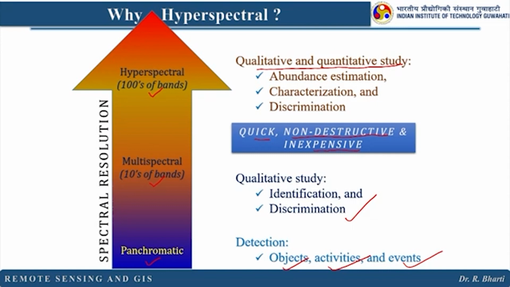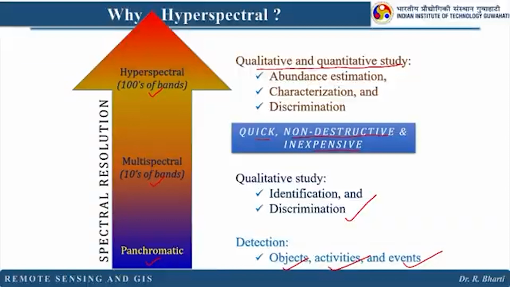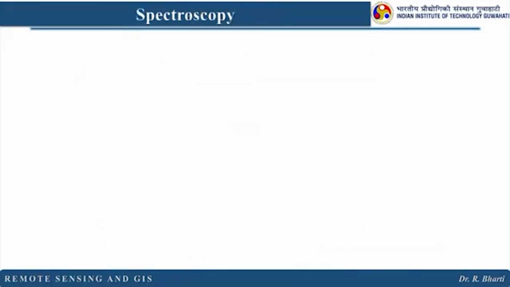Because you are not going to disturb the sample or the target, you are just going to acquire the spectroscopic information captured in those particular bands, right. So, you do not have to bring it to your lab. As it is in the field, you can measure this information and subsequently you can analyze for abundance estimation, right.